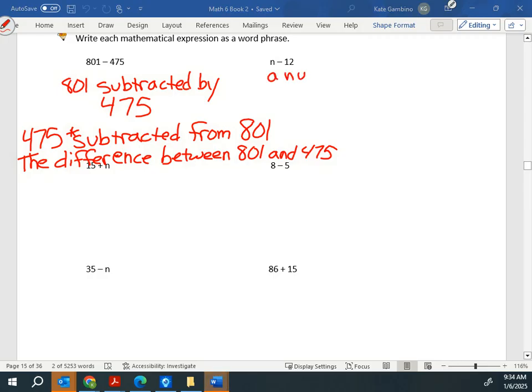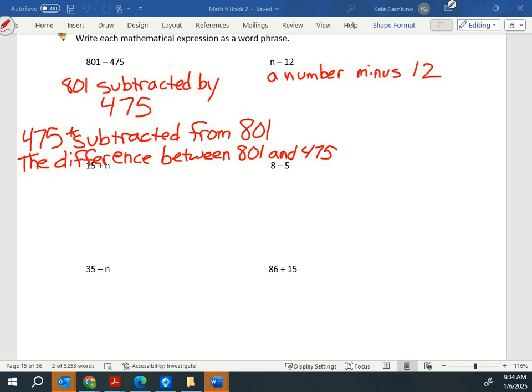A number minus 12. A number subtracted by 12. The difference between a number and 12. So whenever you see a variable, the letter, we write it out as a number. You don't pick which number, you write a number, those exact words.